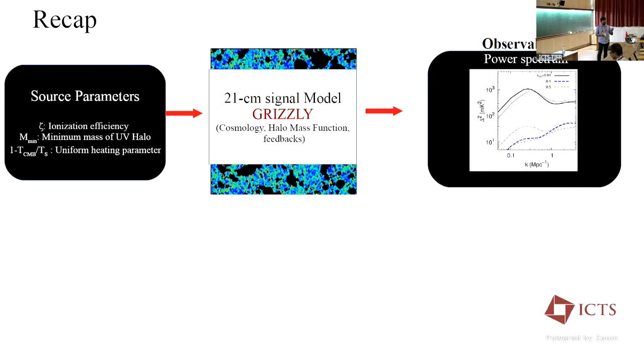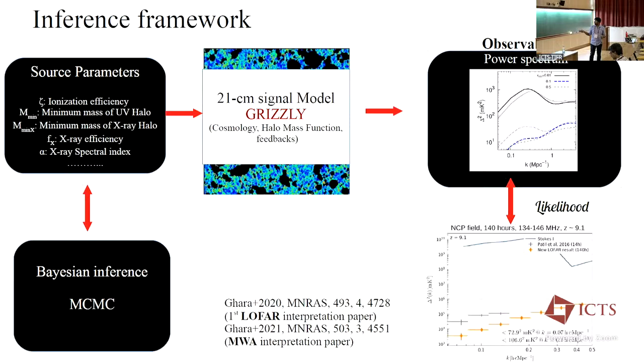Because this is one quantity, as I'm repeating, that radio interferometers are targeting, and they are producing good results in terms of upper limits, but still very useful. And we are going to use such upper limit results from the LOFAR 2020 paper to do some Bayesian analysis on the source model.